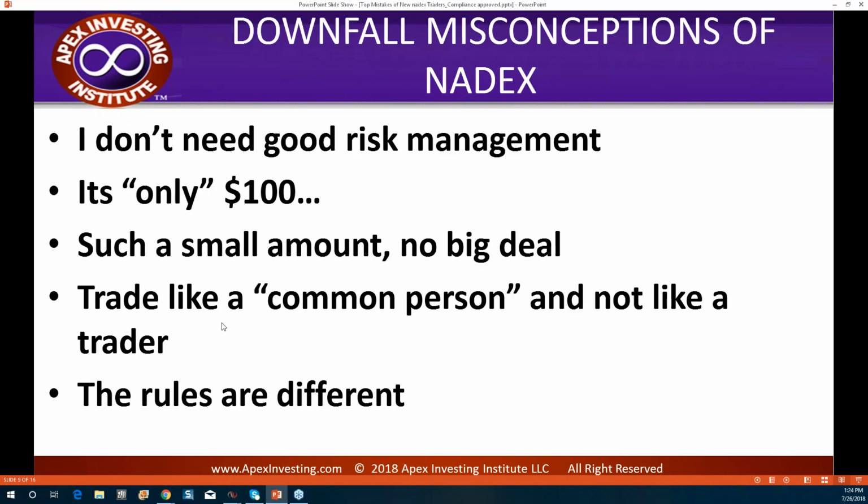Well, it's for the everyday person, so I'm going to trade like the everyday person and not trade like a trader. The rules are different because Nadex is different. And Nadex has this capped risk, and Nadex has all these expirations, so it's different. Okay? That is not at all the proper way to trade.